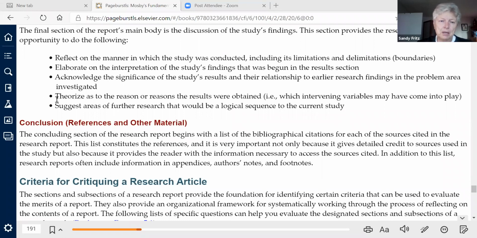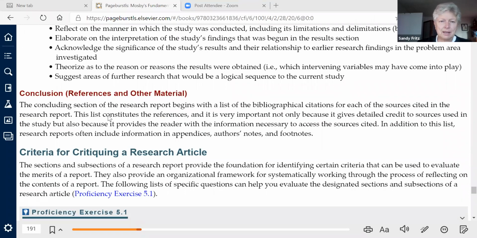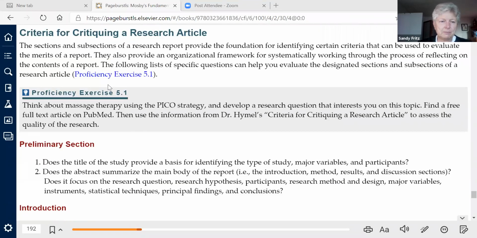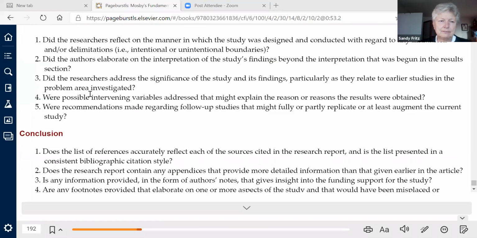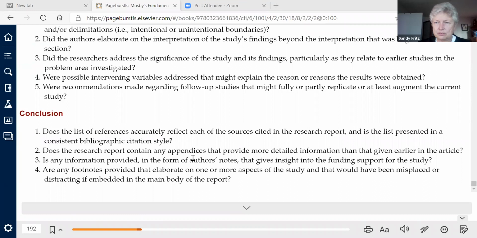And so I always think of Glenn when I go through this particular information. So he came up with this idea of how do you read a research study, and then what does that mean to you?